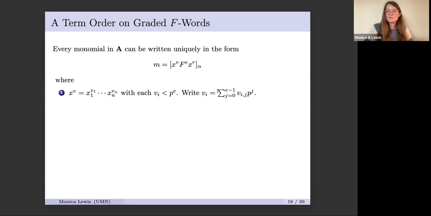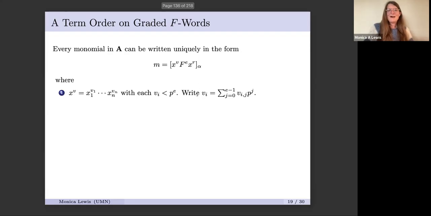And I'm going to let v_i be the sum of all of those treated as base p digits. So fix the ith monomial and then add up all of the different v_ij things that we get. Oh, sorry, I completely misspoke on that.